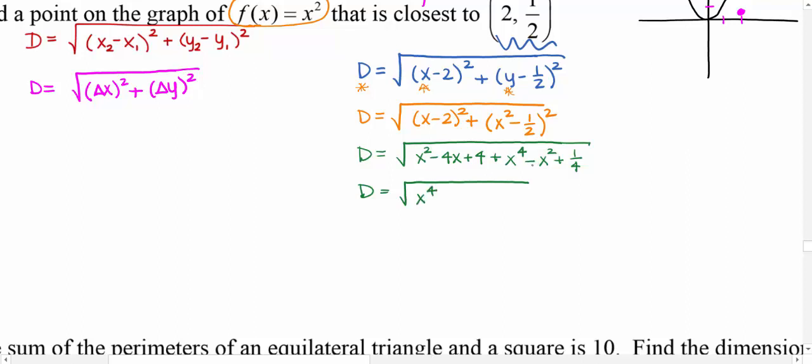X squared minus x squared adds to 0, so minus 4x. You can add 4 and 1/4, or you can literally just write plus 4 plus 1/4. I know that's 17/4, but you can leave it because the derivative of 4 is 0 and the derivative of 1/4 is 0, so it's not going to impact your problem at all.